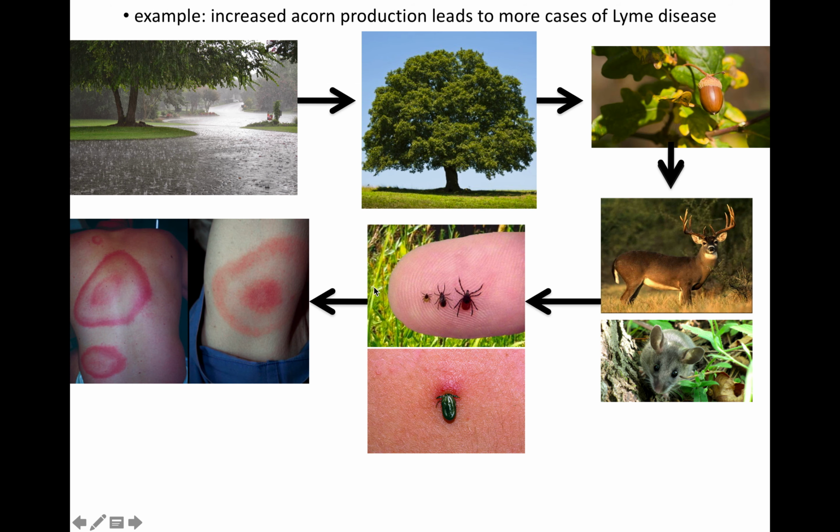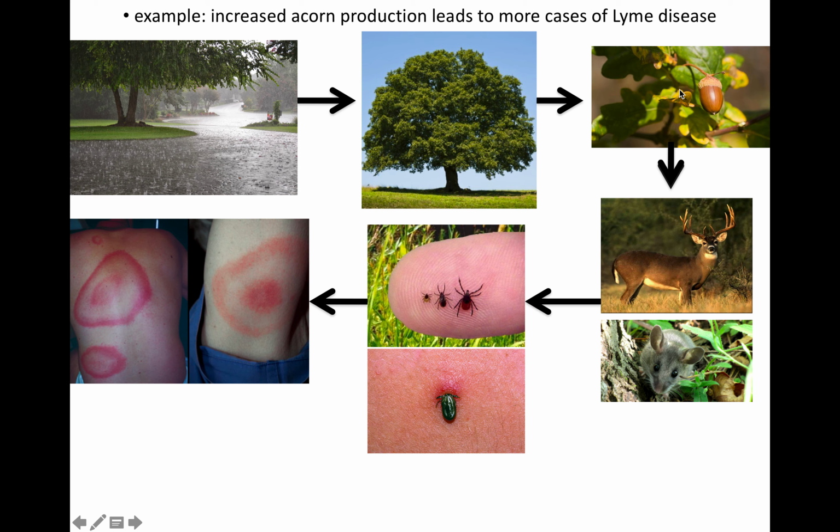Your textbook uses an example like the following. It wants to show you examples of relationships. So what your textbook says is that years of heavy rainfall in areas lead to an increase in Lyme disease. Right? So how does this all connect? Well, increases in rainfall lead to increases in plants.